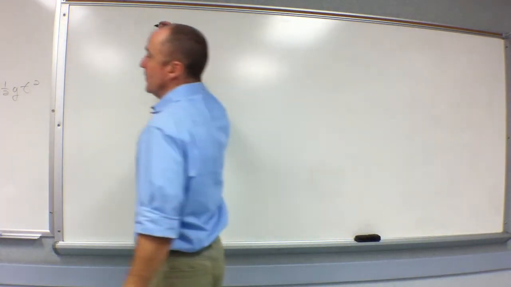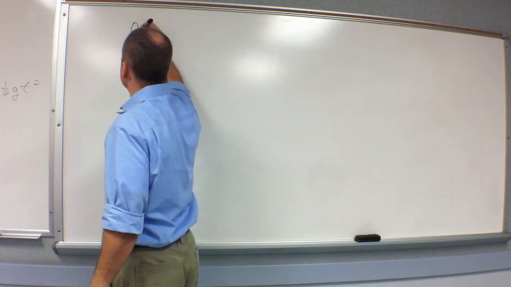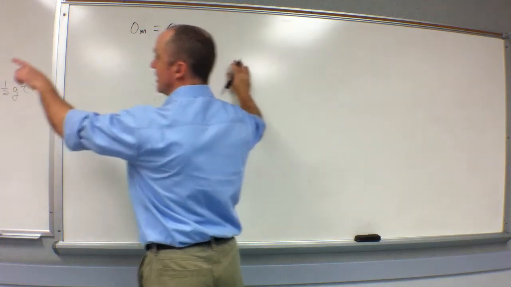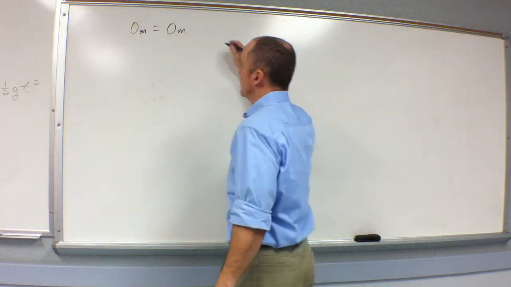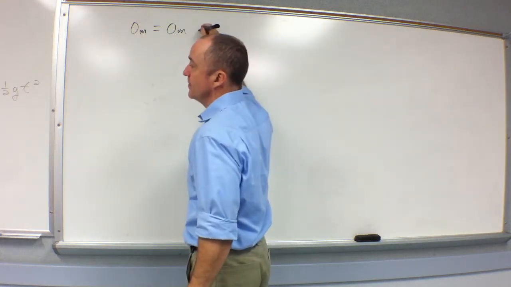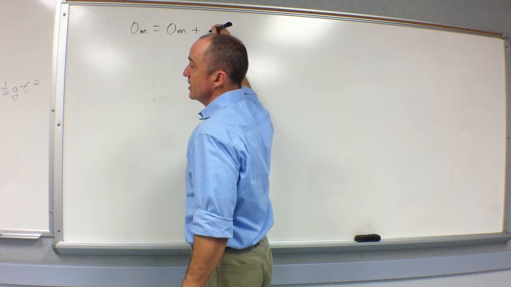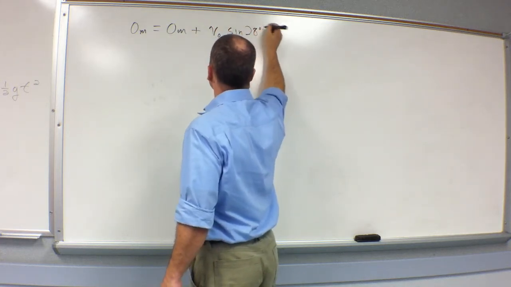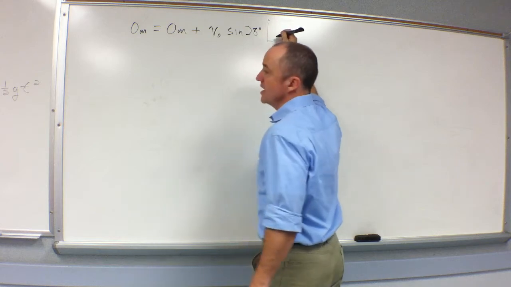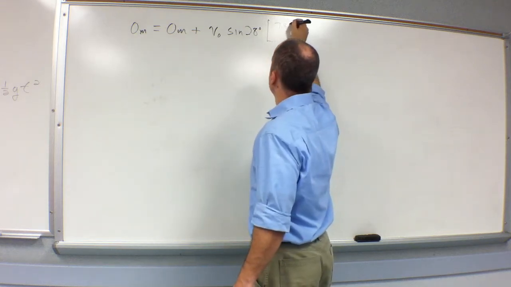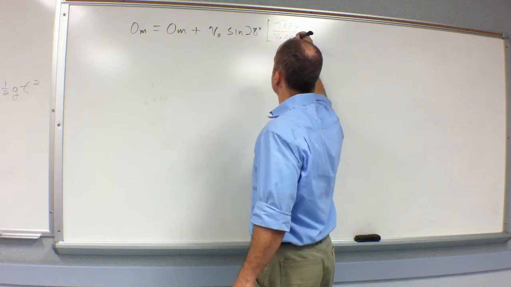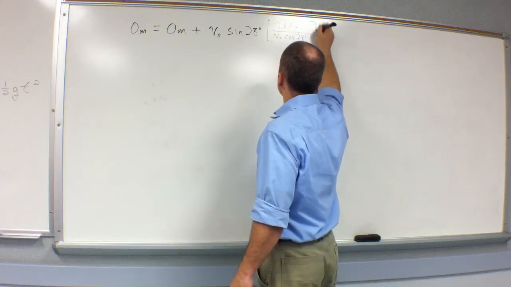Okay, so now I've got 0 meters equals 0 meters, because I'm plugging back into my vertical equation what I substituted from my horizontal launch equation, plus V initial sine 28 degrees. Now instead of time, I'm writing 7.80 meters over V initial cosine 28 degrees.